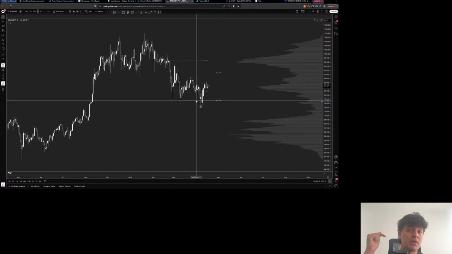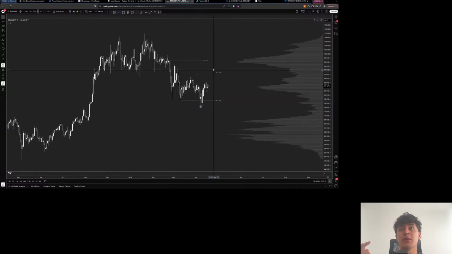If you see my first class, that happened a week ago, you're going to see how I trace these levels. And now I use these levels not only for identifying trend, but also to understand with volume what could happen at these levels.